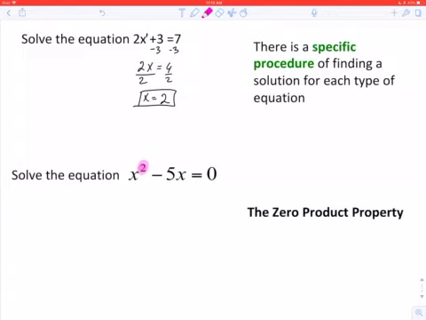So to solve this equation, we'll be using a different method than for solving a linear equation. I want you to keep in mind that each type of equation will have a specific procedure of solving. For quadratic equations, the procedure is to use the zero product property.